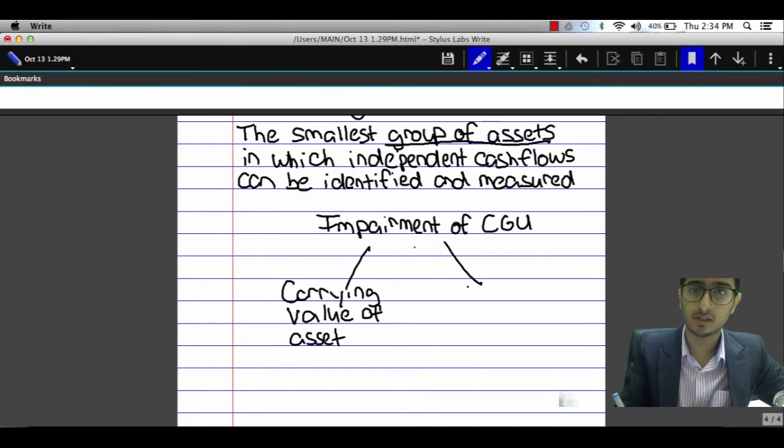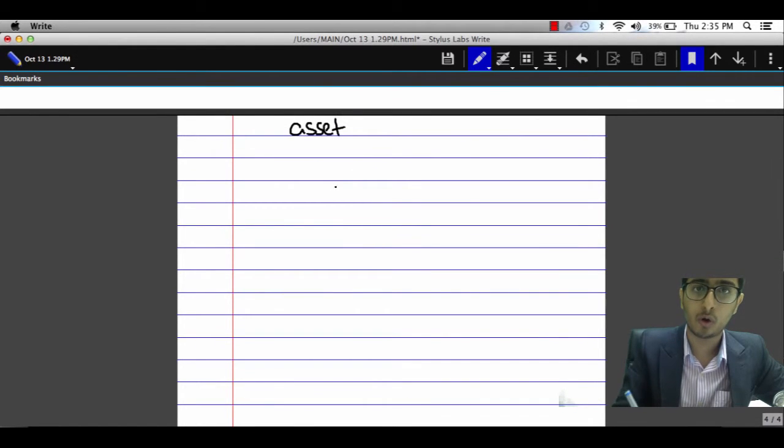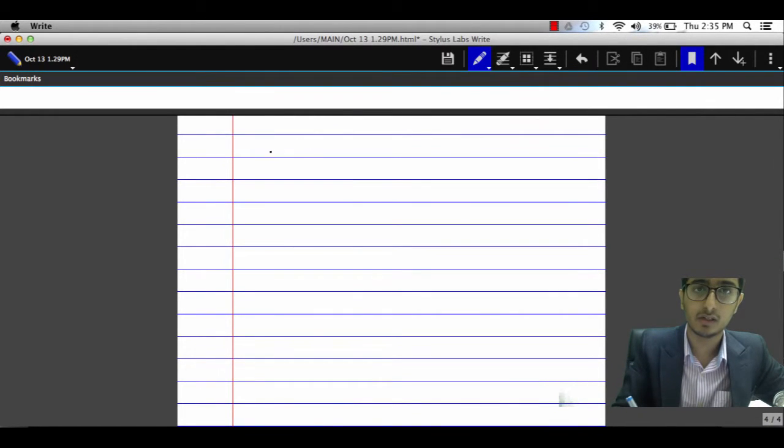And the other one is the recoverable amount. Now, once we find the impairment of a CGU, remember, CGU consists of various assets. Now, how do we allocate impairment to each of the assets? IAS 36 gives us a rule on how to apportion impairment.